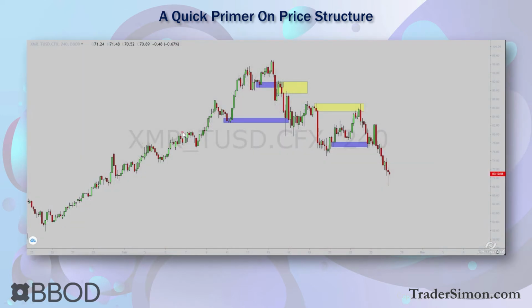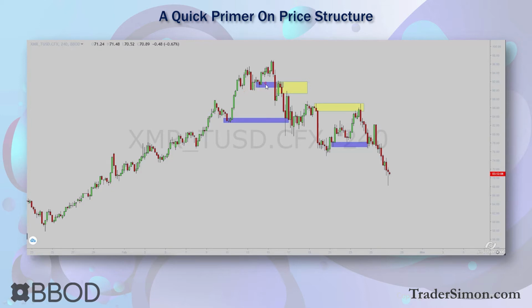Okay, quick primer on structure. The next thing I want to tell you about is structure. And basically what we have here, well, actually, first of all, can anyone notice anything about this chart? The one thing to notice really is that these zones have failed, and that's fine. These blue zones have failed, but what that tells me is that it gives me a heads up for direction.